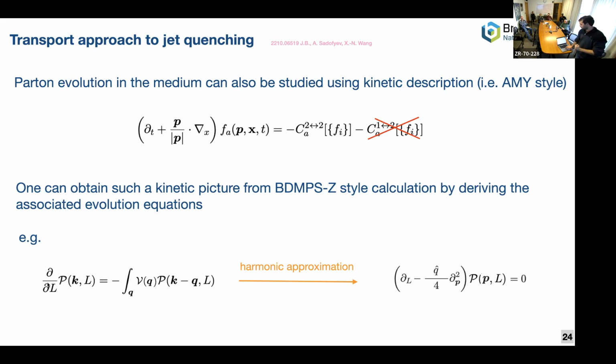For the P distribution that I showed before, you can show that it satisfies this equation, which in some particular approximation, where one assumes that the momentum exchange between the particles in the jet and the particles in the medium is always very soft, tells you that this object satisfies a diffusion equation. This is why I said that the jet quenching parameter can be interpreted as the diffusion coefficient.